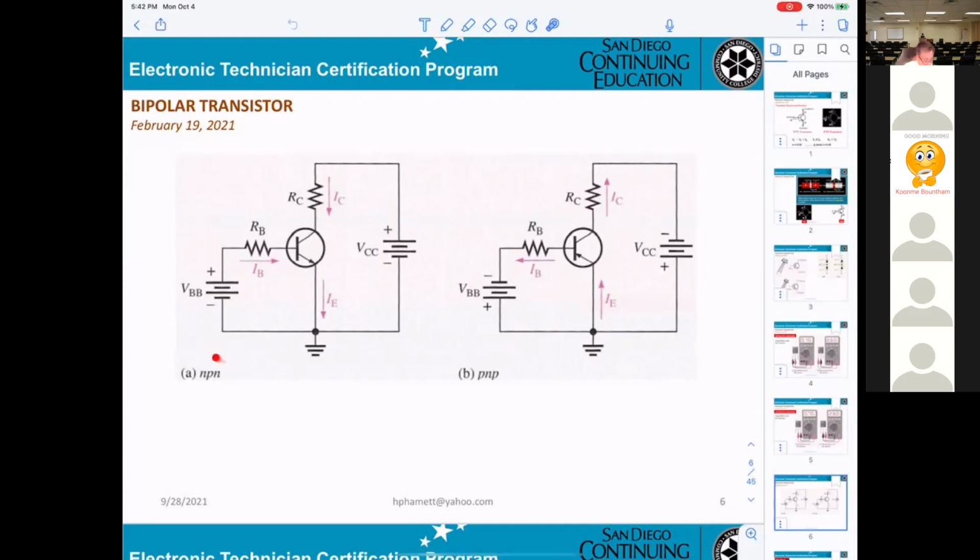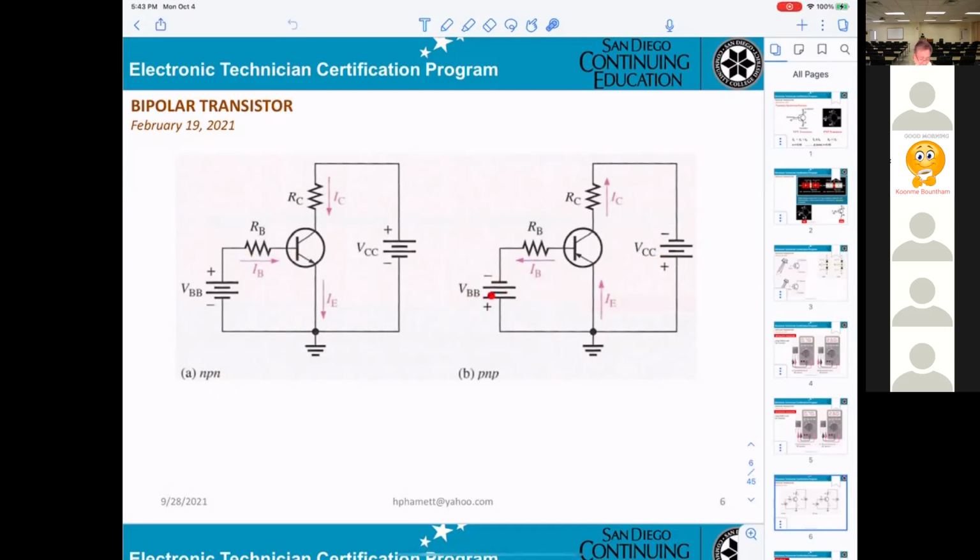For an NPN transistor, the way the current flows you must follow, you cannot change it. IB has to go in, IC going in, IE going out. And PNP is reversed, using a negative power supply here.